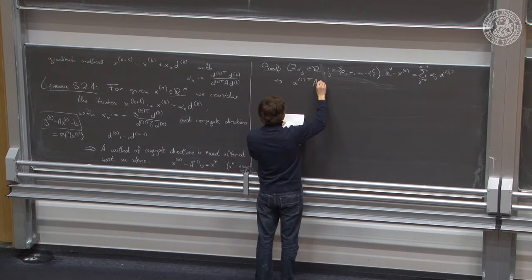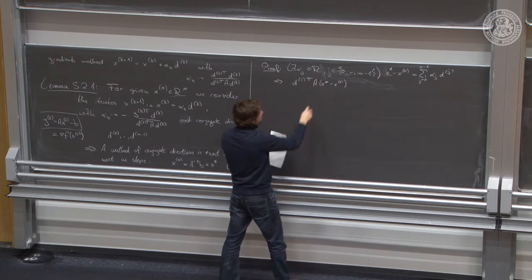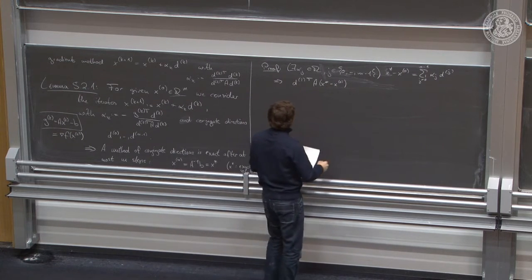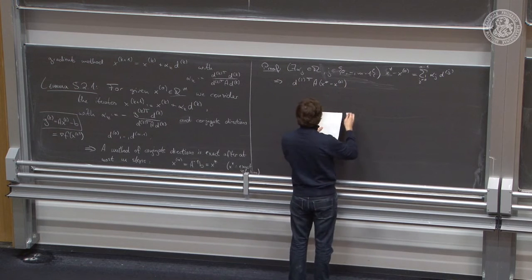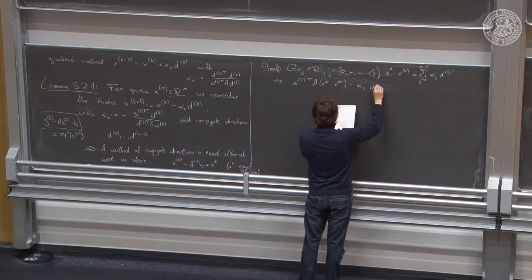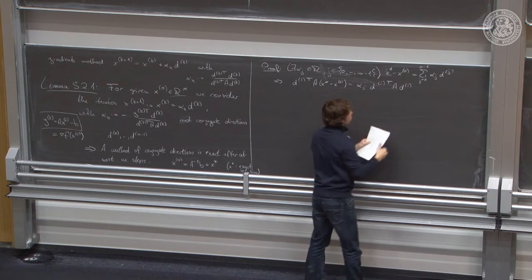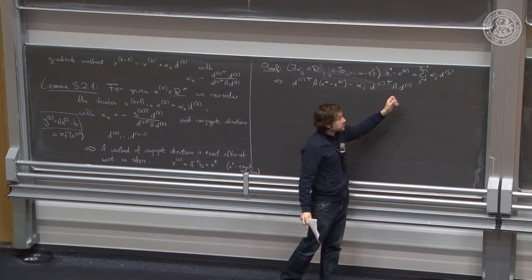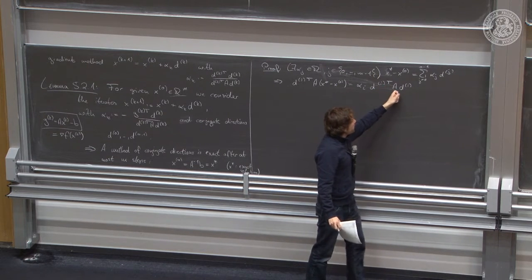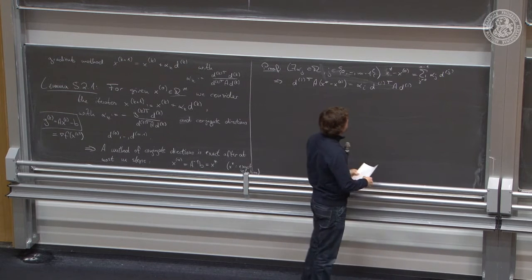Applying this matrix to this vector, and then applying again the ith conjugate direction, this is nothing but alpha_i d_i transpose A d_i, due to the conjugateness, since d_i transpose A d_j, when j differs from i, is 0.